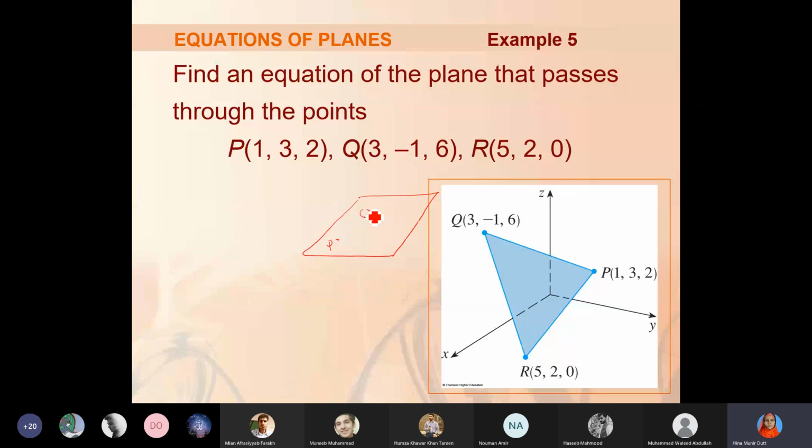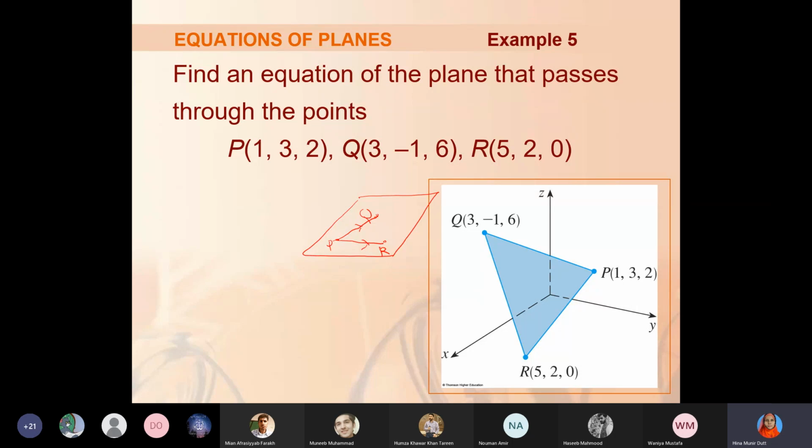Yes, anyone? Yes, cross product of what? I have 3 vectors that lie on the plane. If I form any 2 vectors with these 3 points, I can form this vector, I can form this vector, PR, PQ. Now I have 2 vectors, and if I take the cross product of these 2 vectors, by definition the cross product is a vector that is perpendicular to the plane containing the vectors PR and PQ.